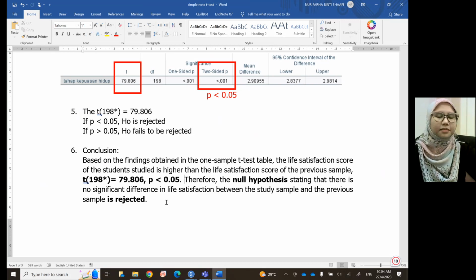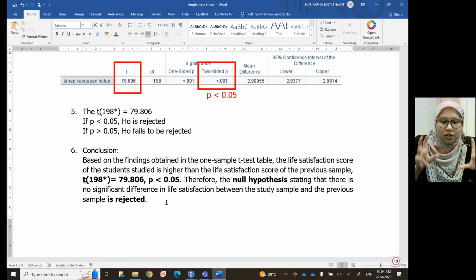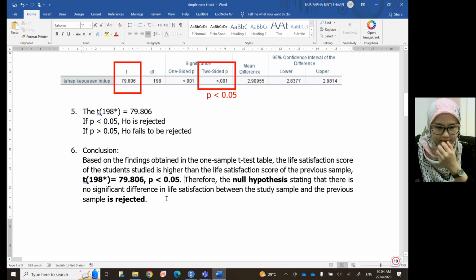If you reject that statement, it means that your life satisfaction in your current study has a difference. The mean value for your life satisfaction is significantly different from the previous study. That is what we need to translate.